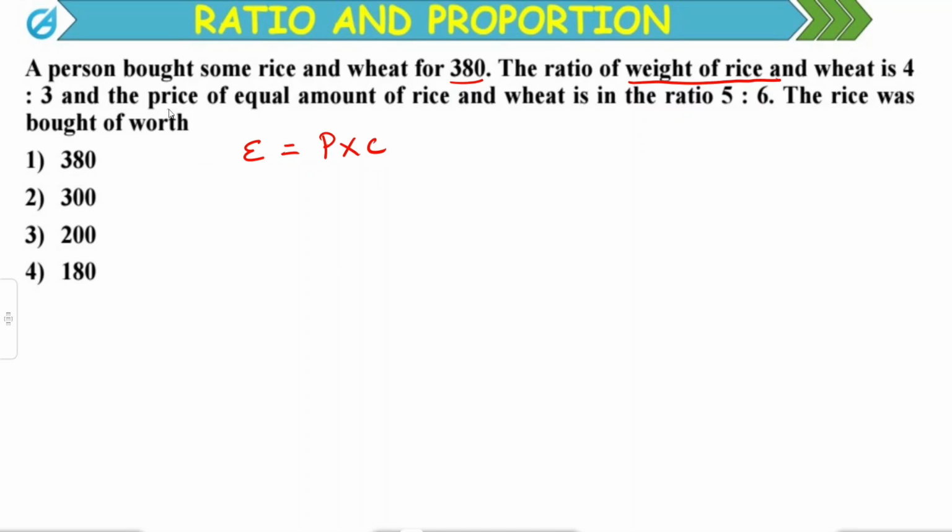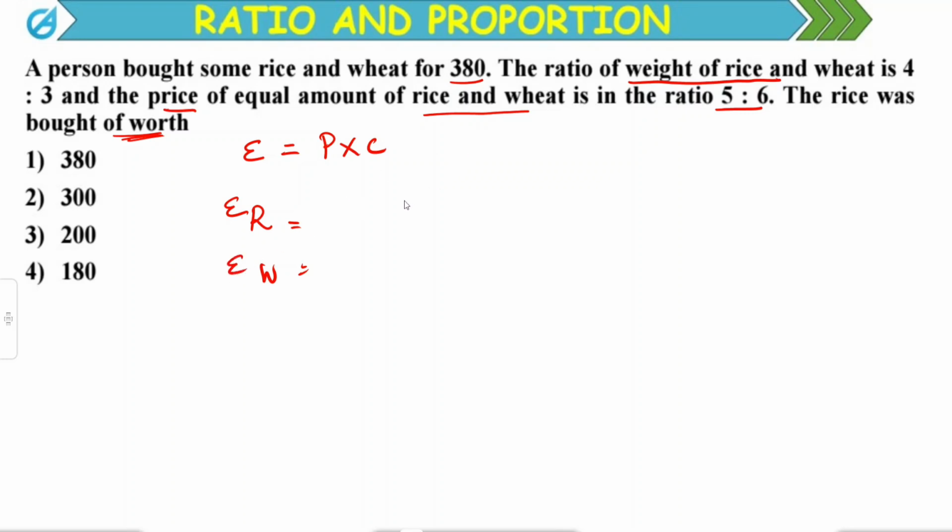Next, the price of equal amounts of rice and wheat is 5:6. The rice was bought of worth how many rupees? I'll take the first for rice and the next for wheat. So this is the expenditure of rice, and this is the expenditure of wheat.